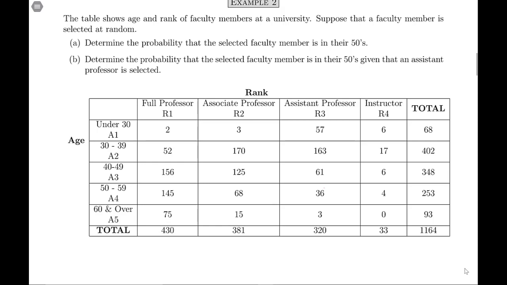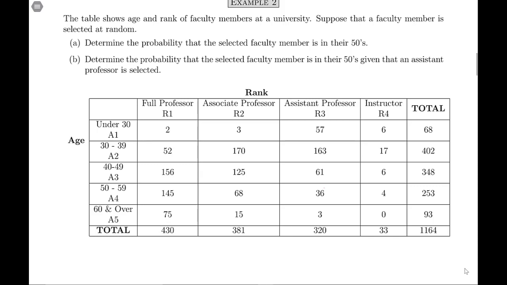So for example 2, it says that the table shows the age and rank of faculty members at a university. Suppose that a faculty member is selected at random. Determine the probability that the selected faculty member is in their 50s. So we're only interested in a faculty member being in their 50s.